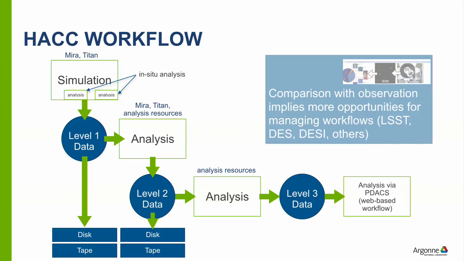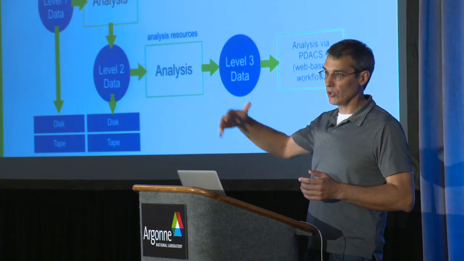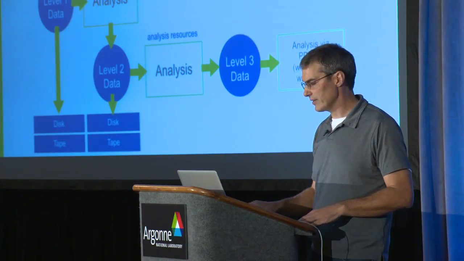I sort of grayed out the box on the right because I wanted to highlight the fact that while we have this workflow for HEK, the observational community, which needs to think about the data that it produces and how it will be reconciled with the simulation data, has obviously their own workflow that begins at, say, the survey telescopes and proceeds all the way down to the data that they'll make comparative analyses with.